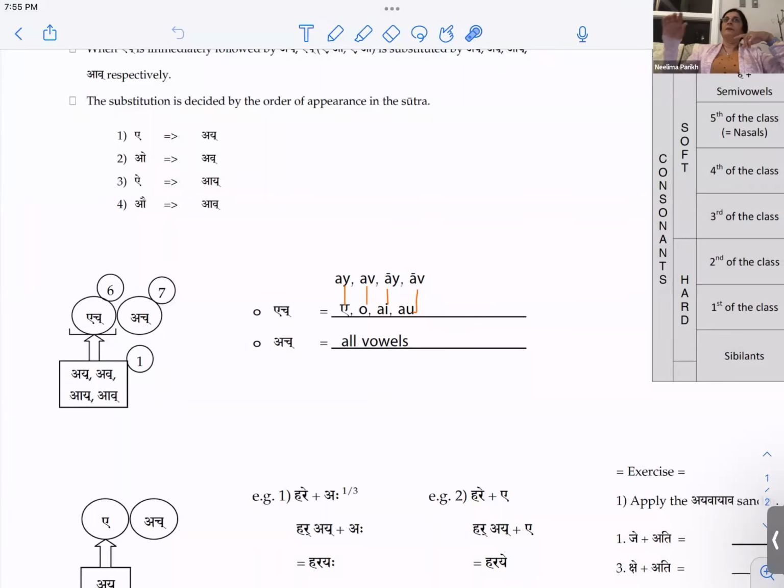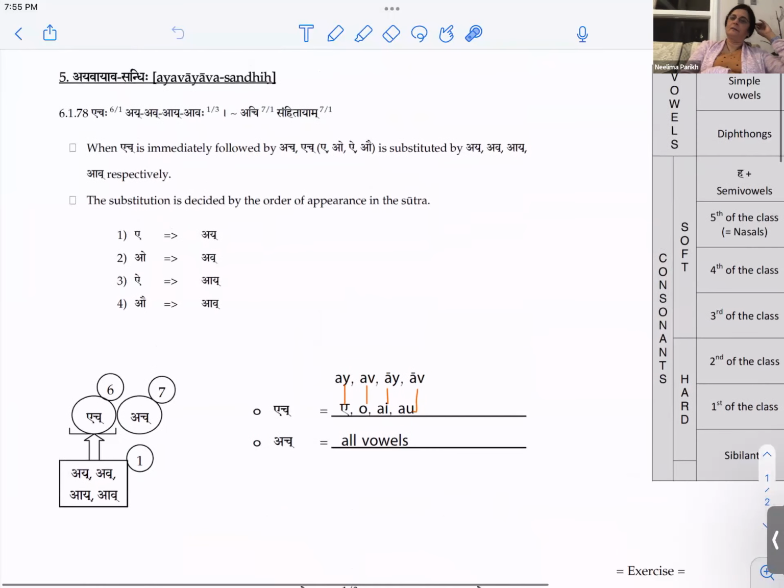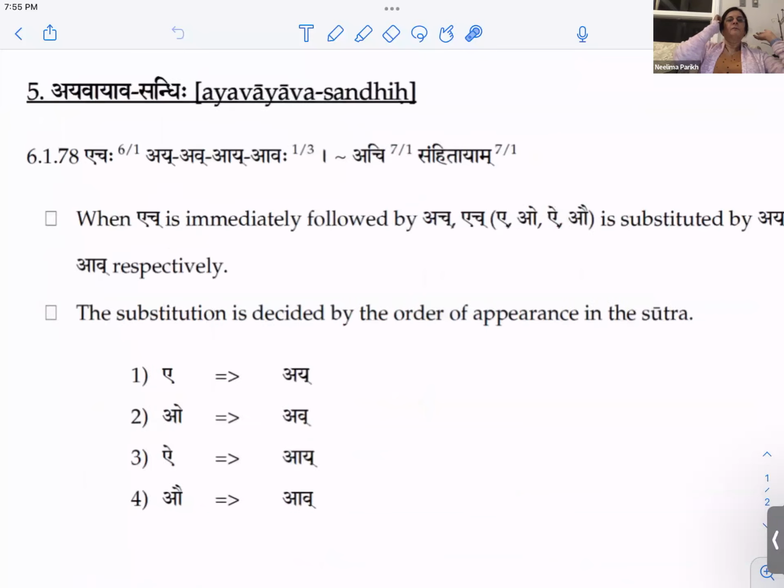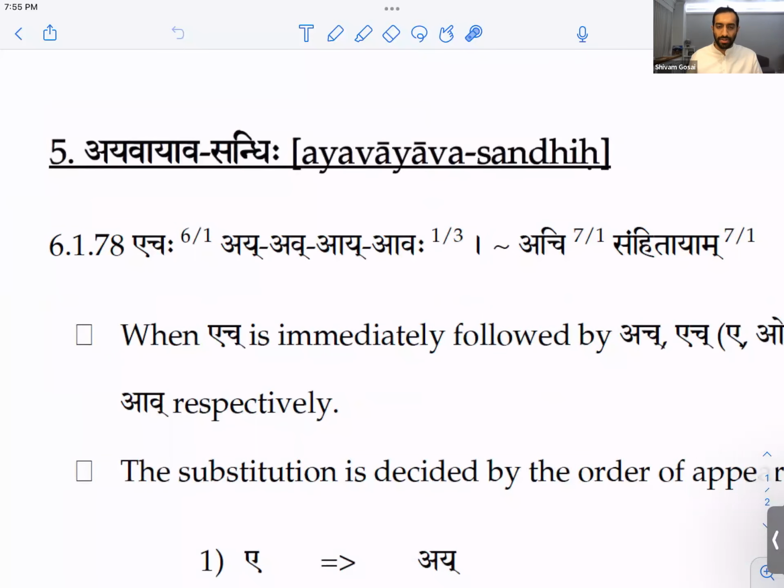Here, because we had to put it in the first case in the sutra, the first case denotes that which replaces something else.